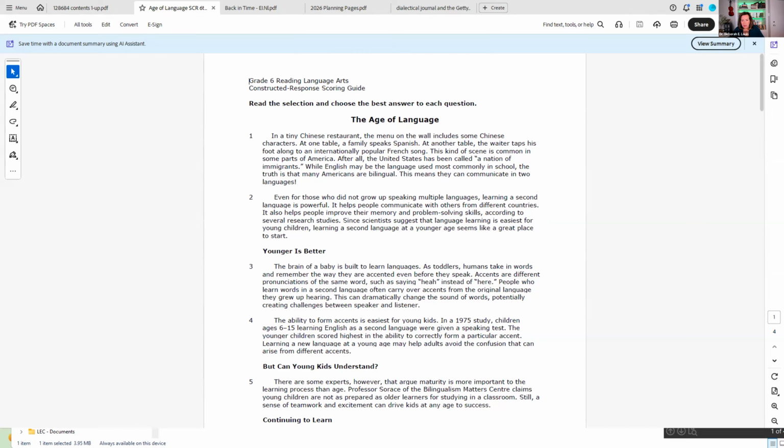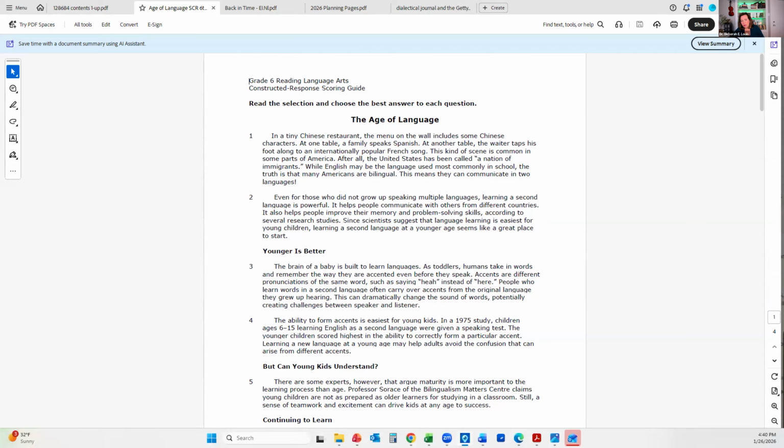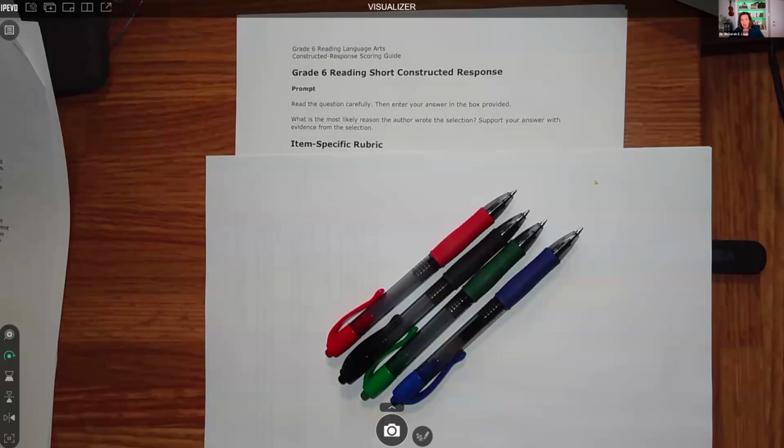So this is called The Age of Language. And if you've been trained in the Jane Schaefer Writing Program, then you know that we use different colored pens. And so I have my red, black, green, and blue pen handy.